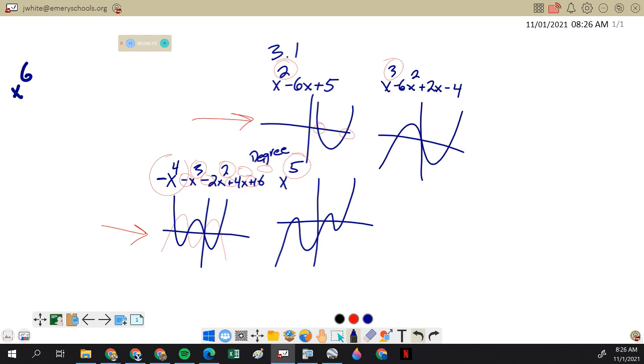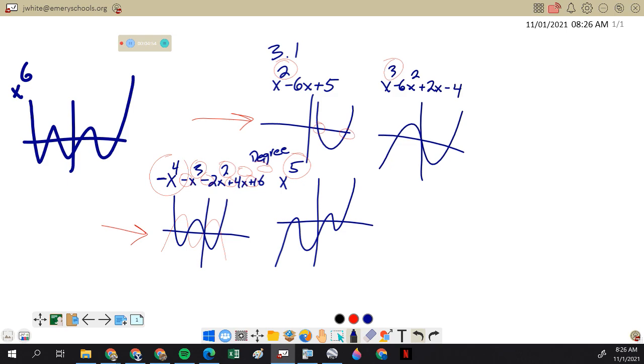What could you tell me about that? What would it look like? If it hit the x-axis 6 times, what would its overall shape be? Well, if we drew it, we just start hitting the x-axis 1, 2, 3, 4, 5, 6. It's kind of like a triple U. Not a W, it's a triple U.